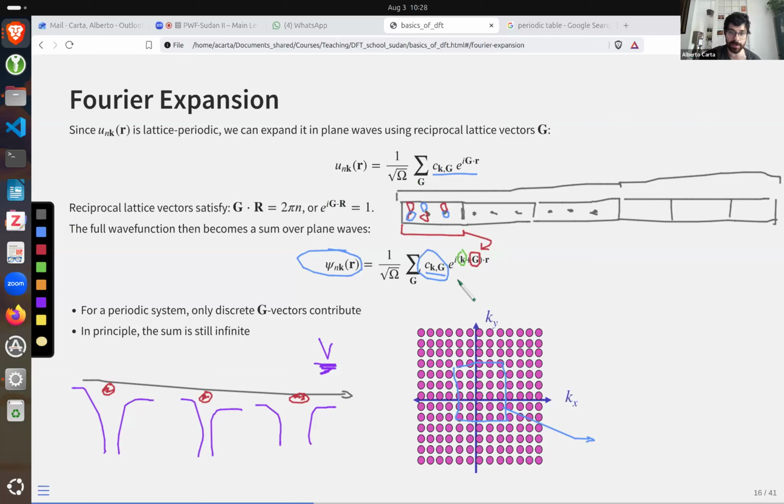Modulations that are not necessarily contained in one cell, but happen over multiple cells, are described by the reciprocal lattice, so by this K vector. Anything that takes this pattern and makes it change over multiple cells will be described by this K vector.